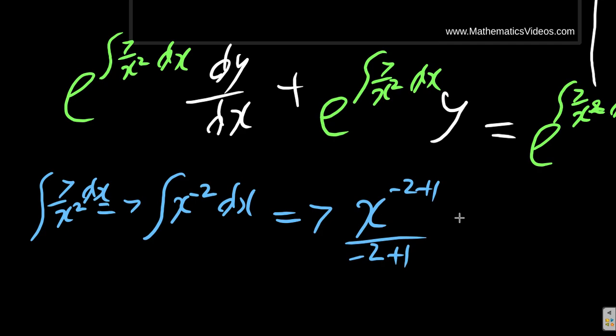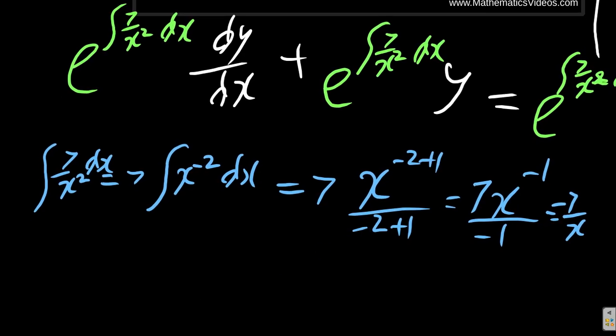But we'll leave out the constant of integration here. So we're going to have 7 x to the negative 2 plus 1, which is negative 1, over negative 1. So this becomes negative 7 over x.